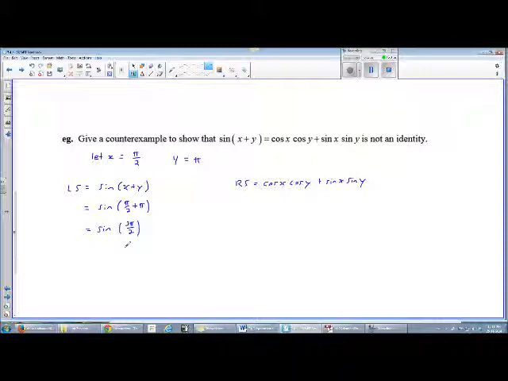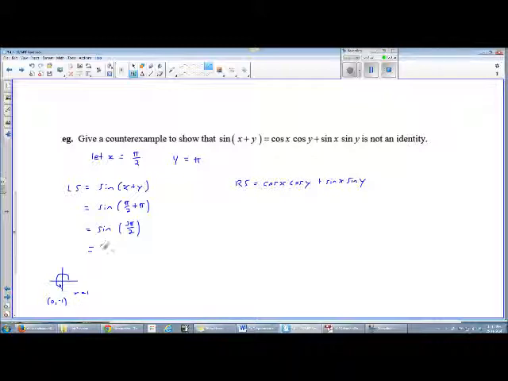And the sine of 3 pi by 2, well, there's a few ways we can look at it. We can look at it as a unit circle. The rotation, 3 pi by 2, would go all the way around to here. And we know that sine is the same as y. So if we take this as a unit circle where the radius is 1, then that point on the y-axis would be negative 1, which is the sine.